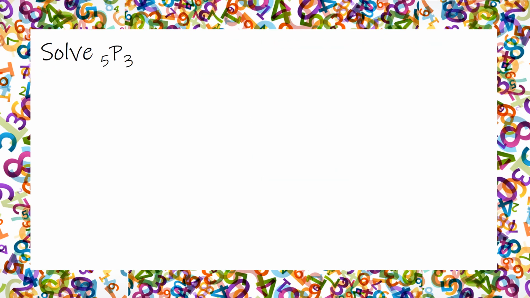Okay, now we're going to look at solving 5 permutations of 3. So that means combinations of 3, but the order does matter. So when we did 5, count down 3 times, 5 times 4 times 3, this time we don't have to divide by anything because the order matters. So all you have to do is 5 times 4 is 20, times 3 is 60.